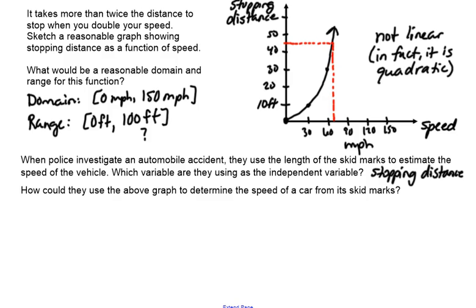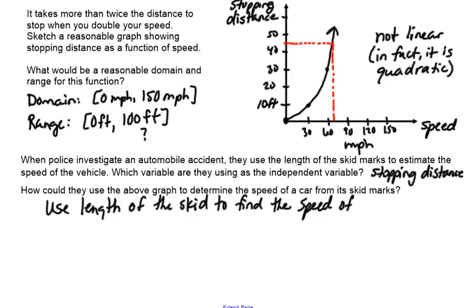So, use the length of the skid marks to find the speed of the car. Okay. And I kind of just showed you on the graph how that would be done.